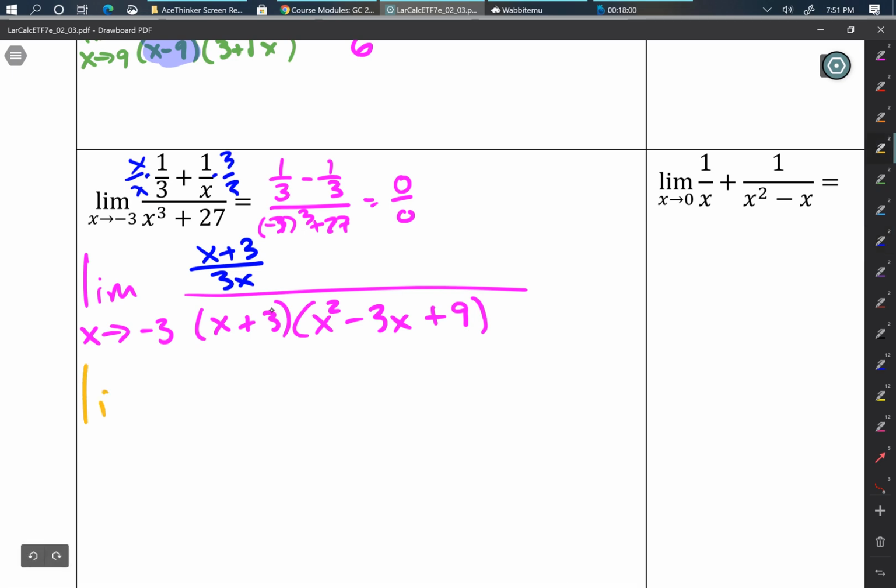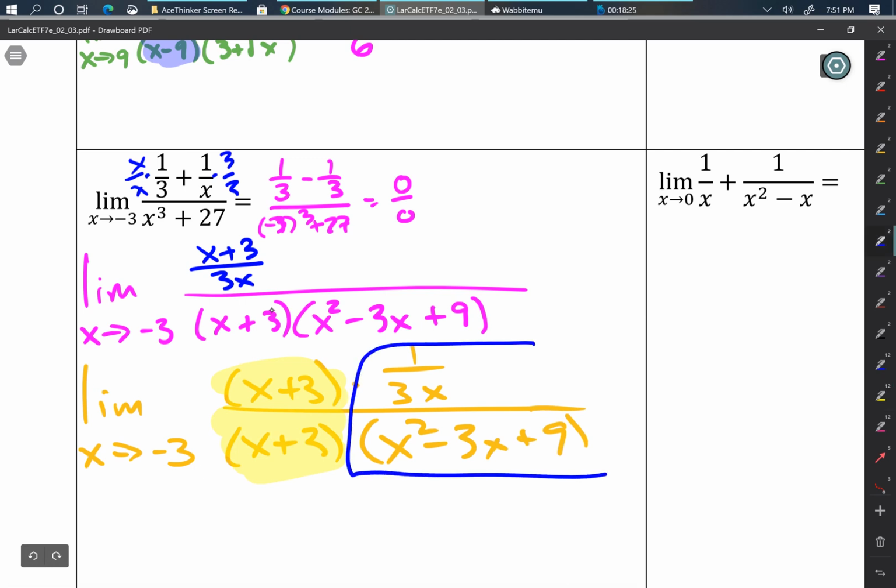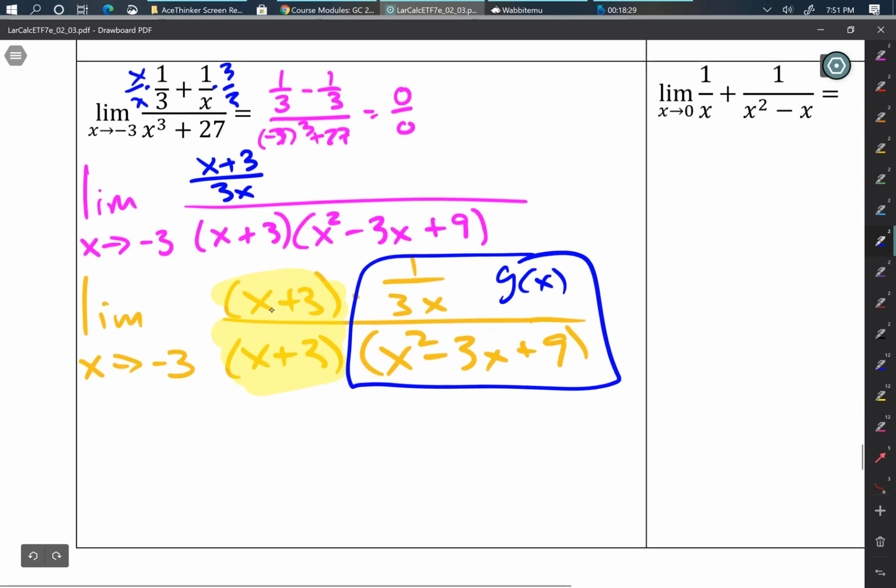So now that becomes the limit as x approaches negative 3 of x plus 3 times 1 over 3x over x plus 3 times x squared minus 3x plus 9. There's the hole in my graph that I can ignore. This is the g of x from the theorem. And so now we're just going to do direct substitution on that g of x.